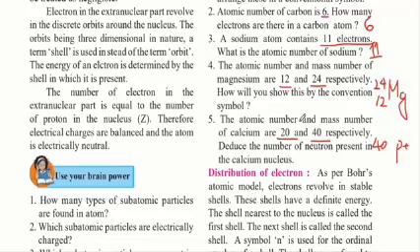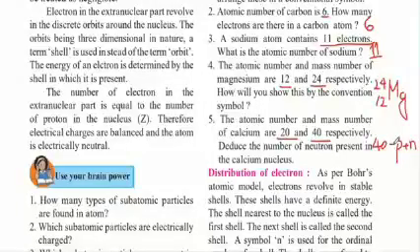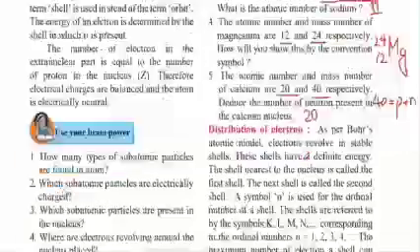And we know that 20 is given as the atomic number. So 20 is the number of protons present in the nucleus. So therefore 40 minus 20 would give us the number of neutrons, and that is equal to 20. So now we know that the number of neutrons present in this calcium atom is 20.